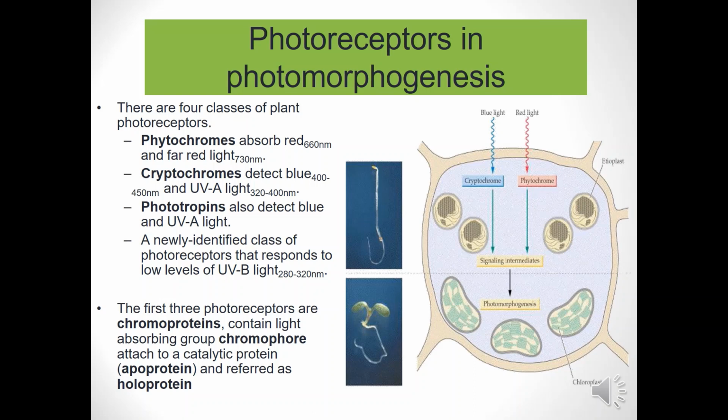This chromoprotein contains a light absorbing group we call a chromophore, that is attached to the protein, the apoprotein. What is the apoprotein? Apoprotein means a combination of protein, they have more than one protein.